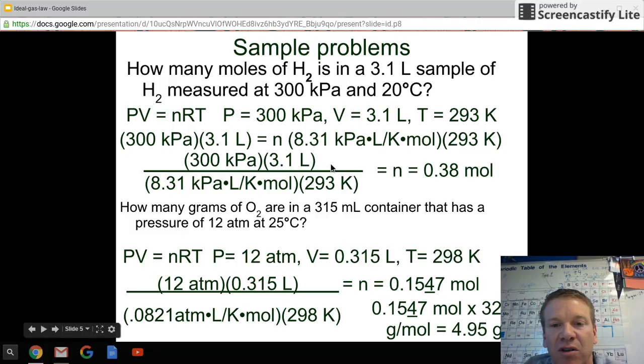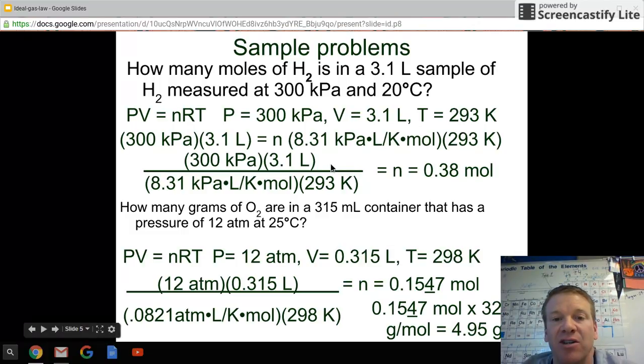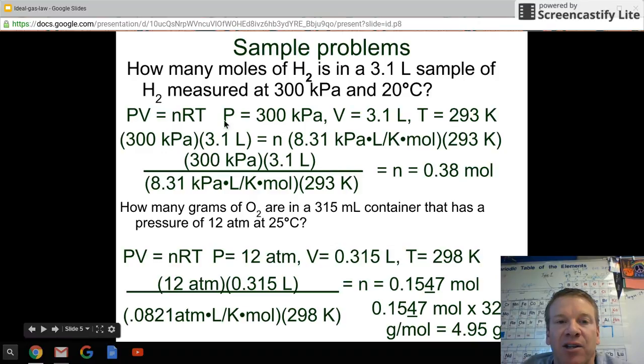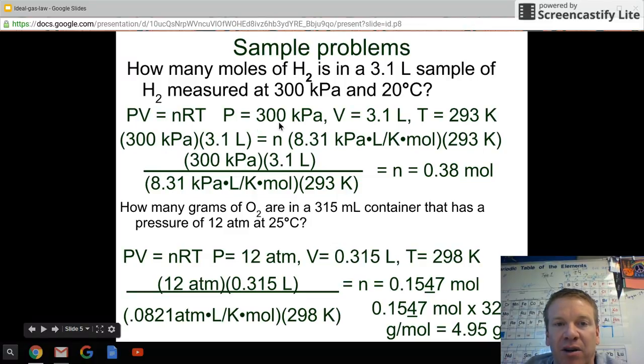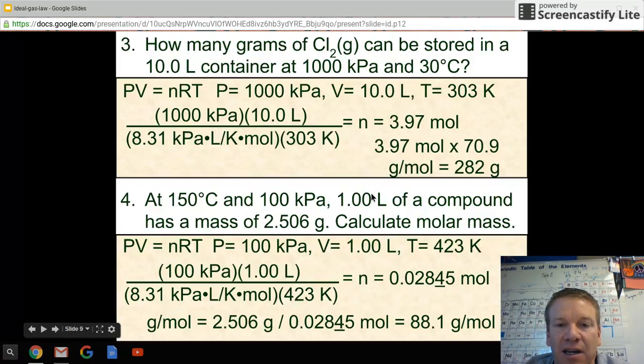And this is the way you can do that for gases, since you can't really pour a gas onto a balance and do the conversion that way. So if I'm solving for n, R and T move over: PV over RT. Everything gets plugged in. We used the 8.31 number because we had 300 kilopascals, and so those will cancel, and you end up with 0.38 moles.